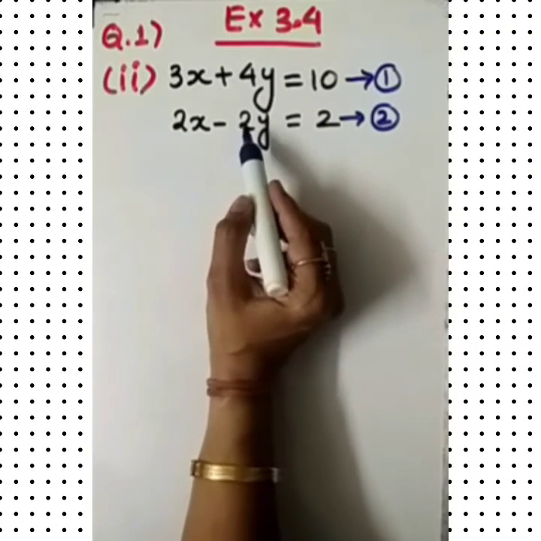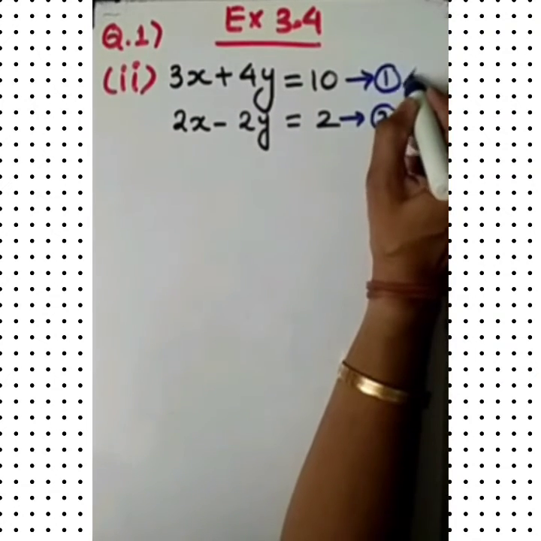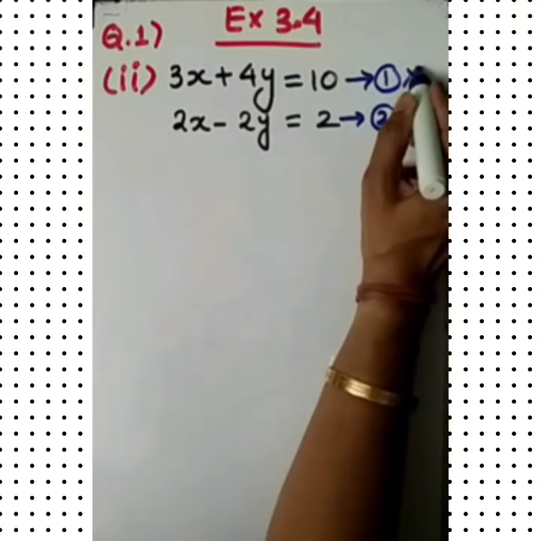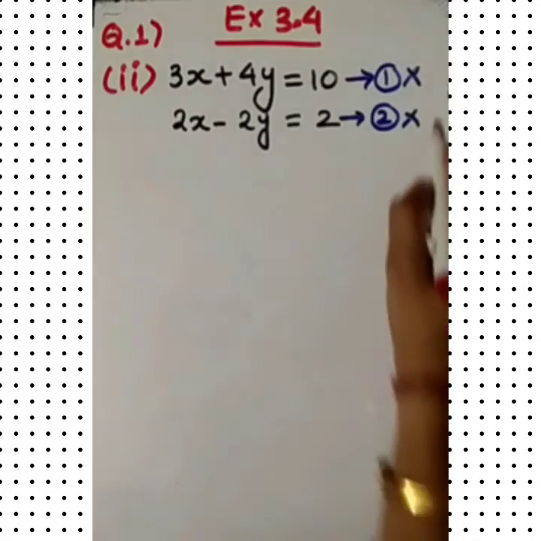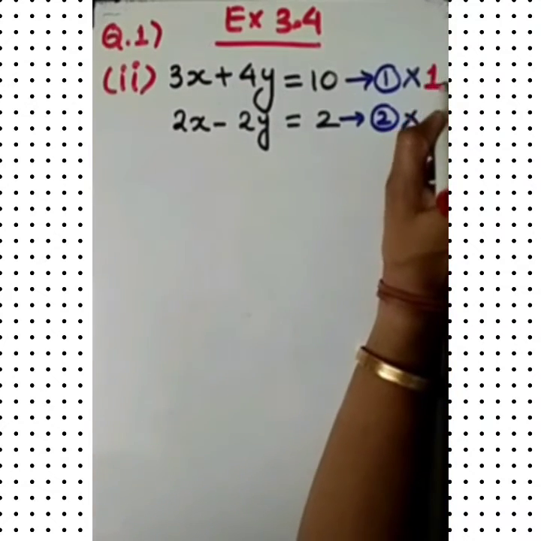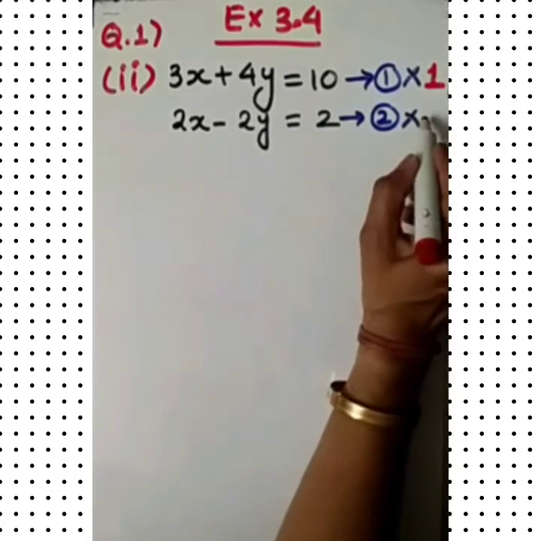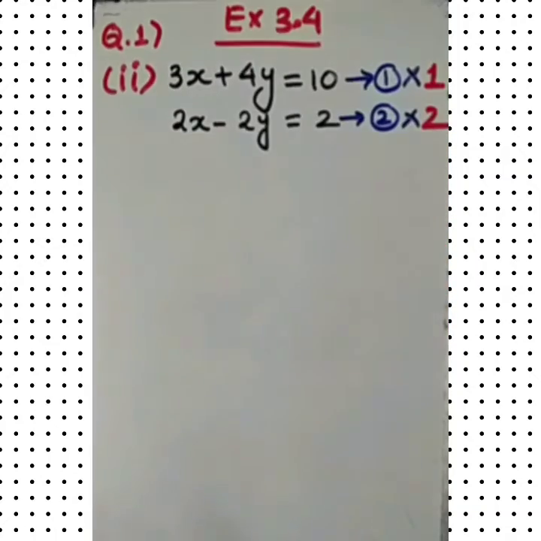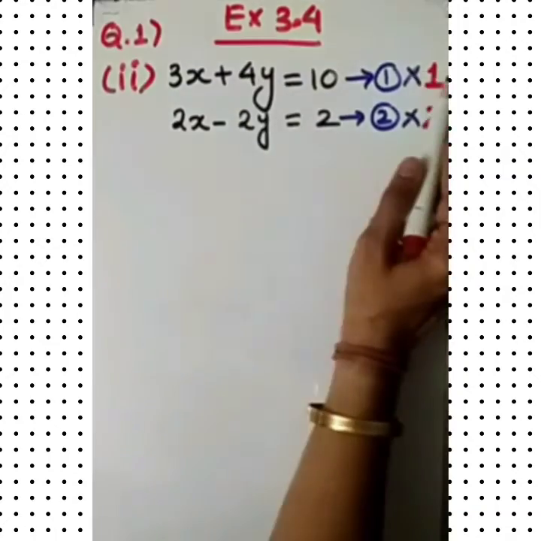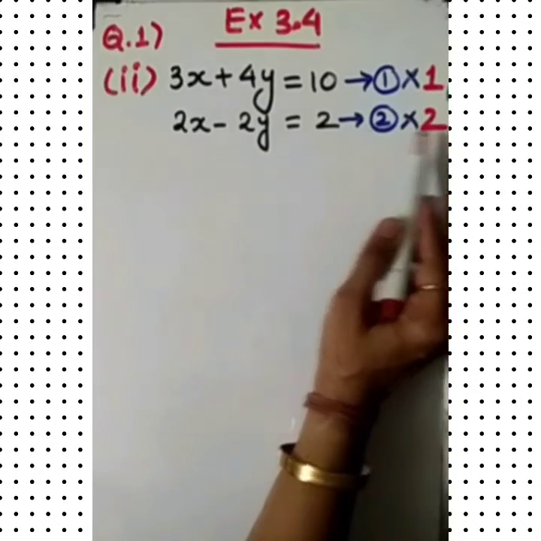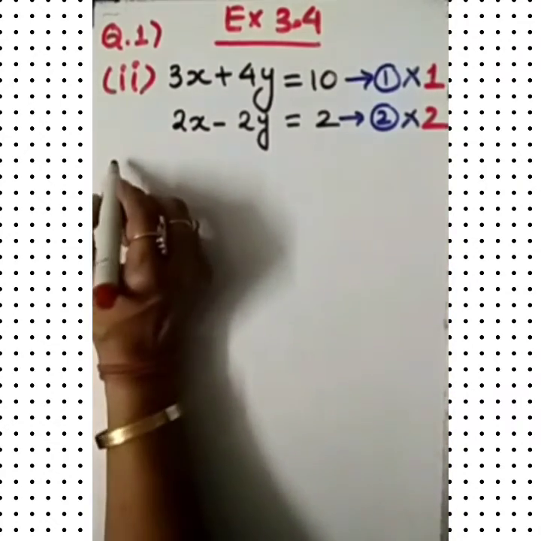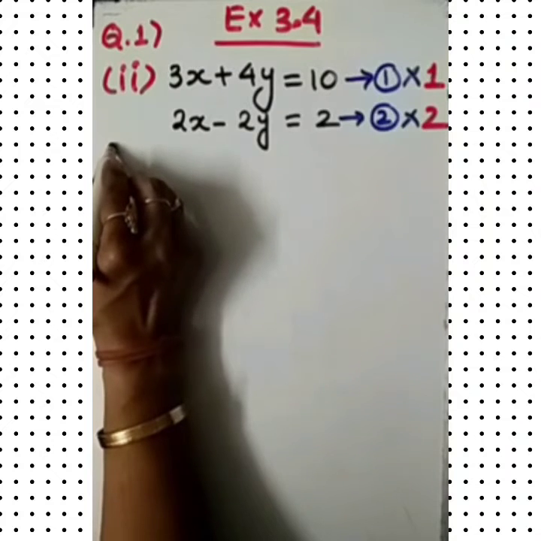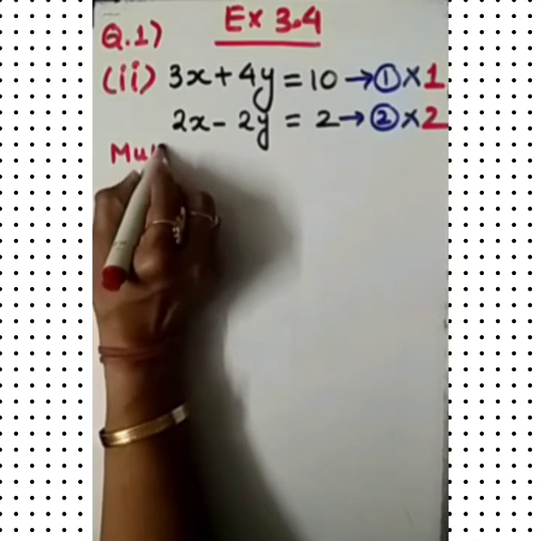If you are a keen observer, you can say that easily. The first equation we need to multiply with 1 and the second equation we need to multiply with 2, so that here we will have 1 times 4 is 4 and 2 times 2 is 4. It satisfies our condition.